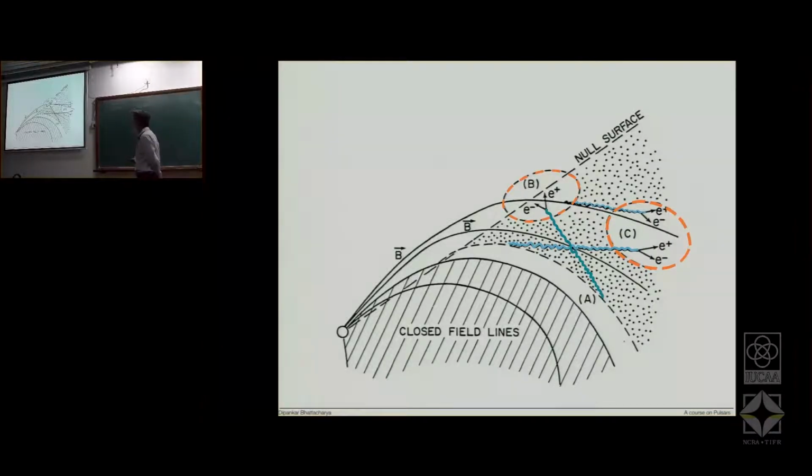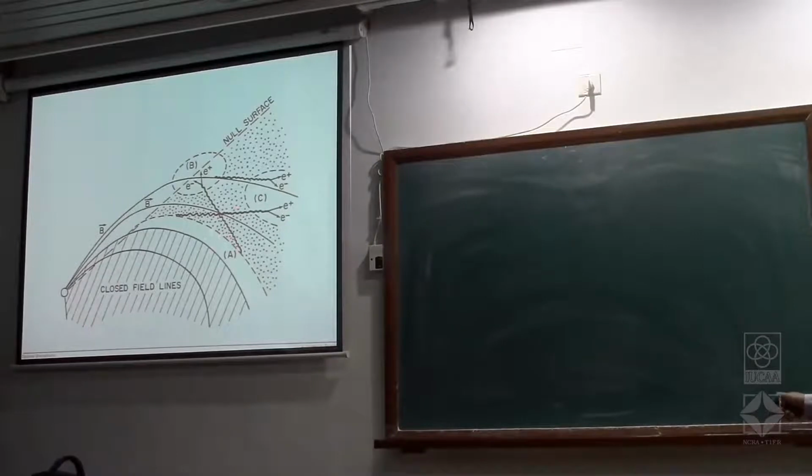However, if you have a region which is just hugging the last closed field line, and you have an uncompensated electric field over there, then it is very difficult for this forward going or backward going photons created anywhere in the magnetosphere above it to penetrate this region.